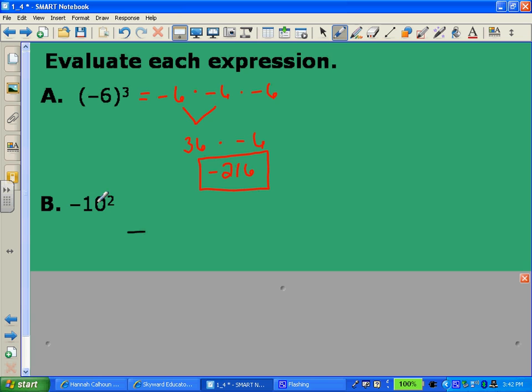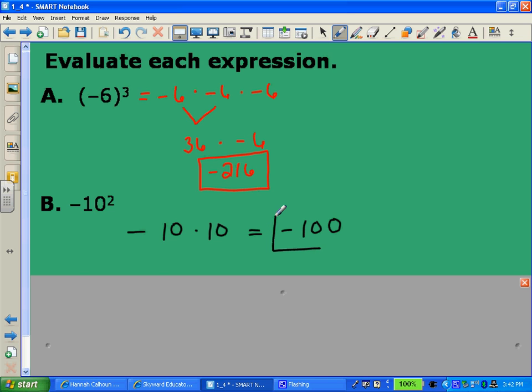So I'm just going to leave the negative sign out front, and then I have 10 squared. So that's 10 times 10. Notice the negative sign doesn't go with it each time. That's the difference between parentheses and not parentheses. So then I have -10 times 10, which is -100. So the value of -10 squared is -100.